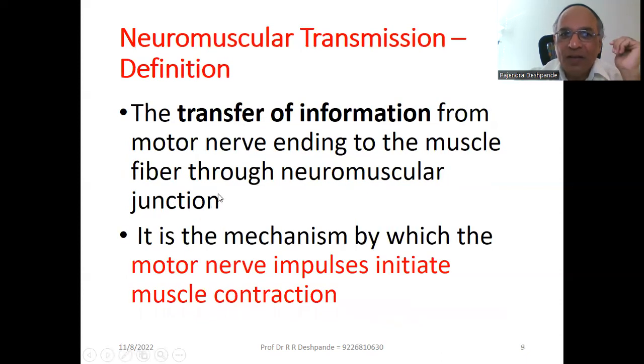Okay. The transfer of information from the motor nerve ending to the muscle fiber always takes place through the neuromuscular junction. It is the mechanism by which the motor nerve impulses, that is current, initiate the process of muscle contraction.